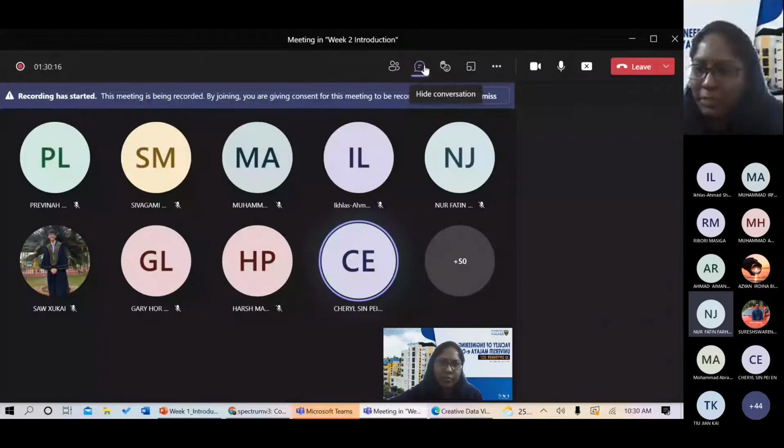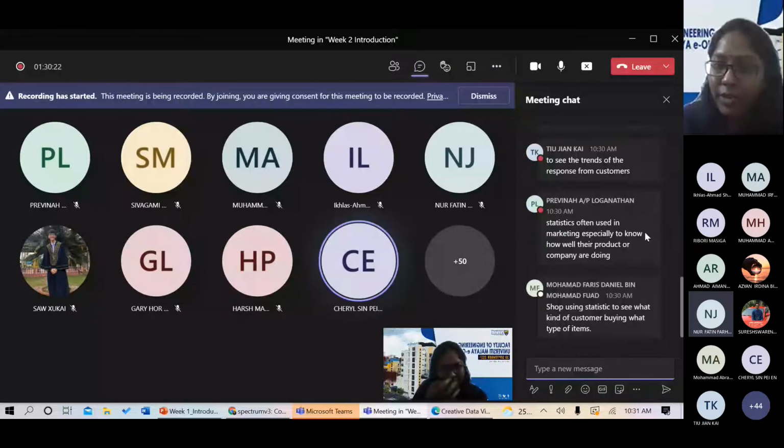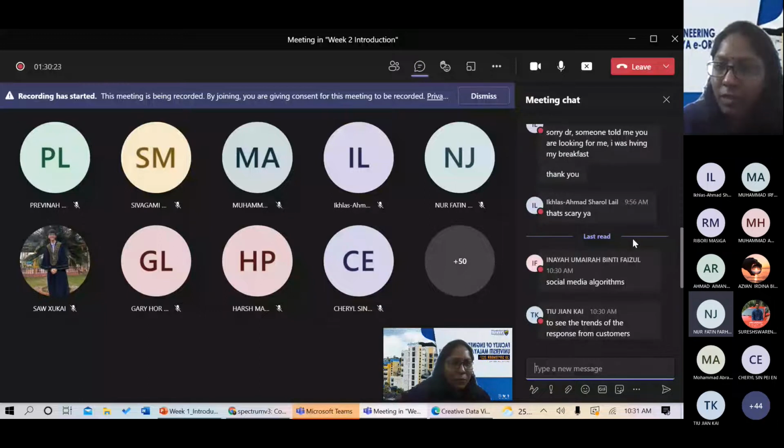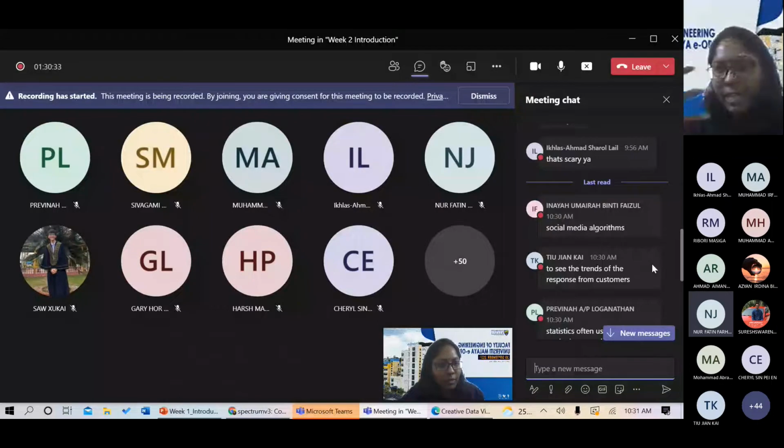So I see some messages. Okay, this is good. Social media algorithms, correct. You can see how social media has advanced, isn't it? You go to Google, you search for something, but when you come to Facebook, there are advertisement suggestions for that particular thing that you were looking for, and it keeps popping up right before your face until you buy it.